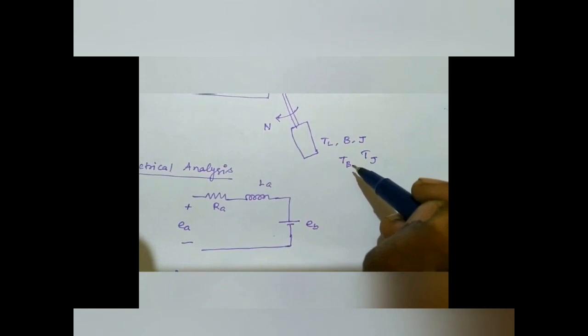Now the second analysis is mechanical analysis, where T is the applied torque. There are three opposing torques generated. The load having the moment of inertia J will generate one opposing torque Tj, the frictional coefficient will generate opposing torque Tb, and the load itself generates one torque, that is TL.